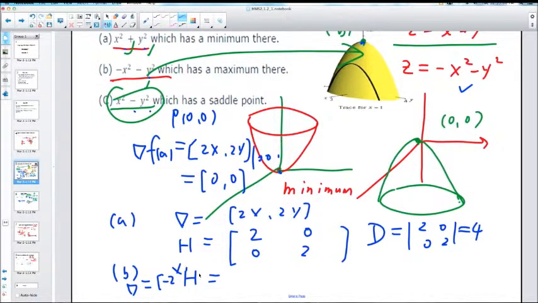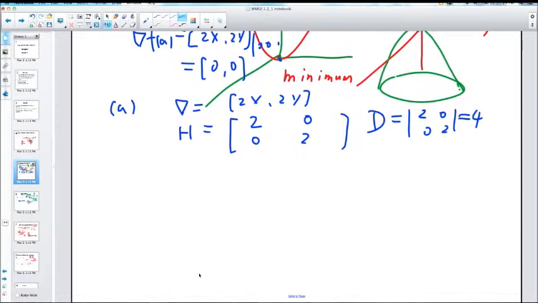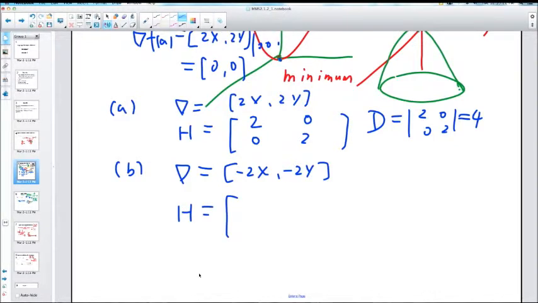Let me erase. And for B, the gradient is negative 2x, negative 2y. The Hessian matrix, take the double derivative: take this to x, negative 2. Take this to y, 0. That's 0, negative 2.